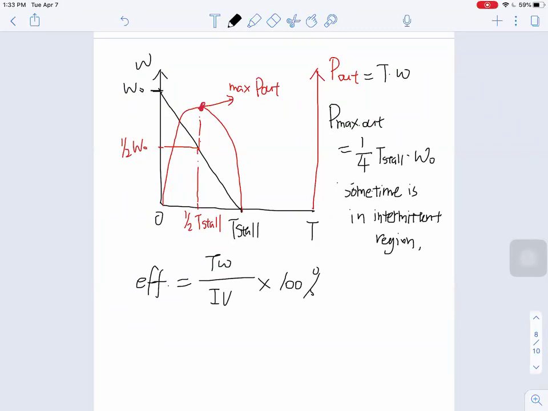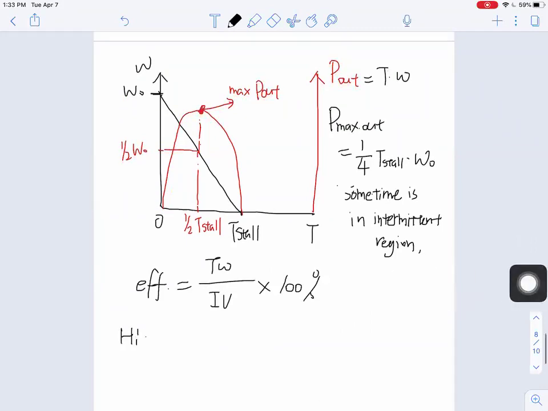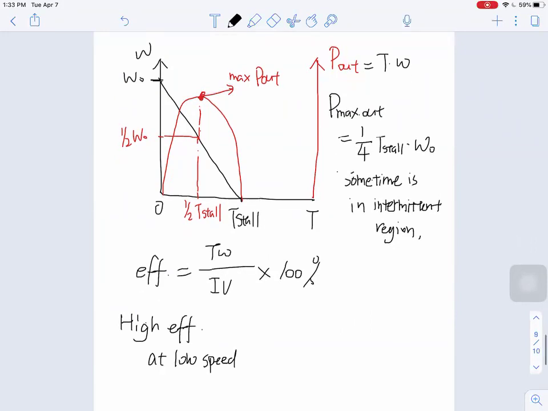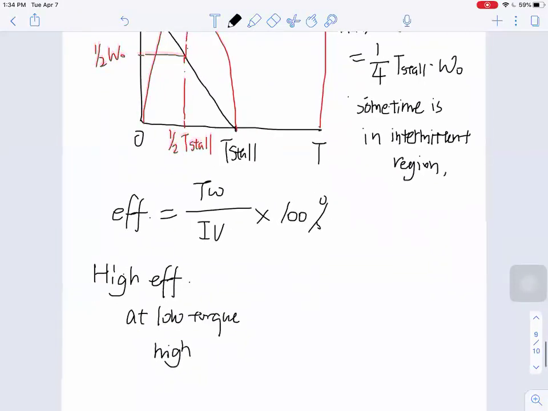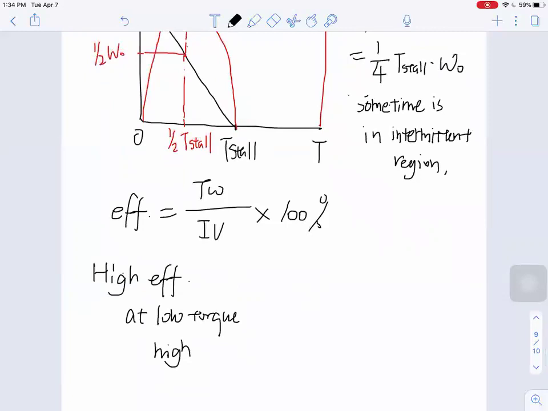They're usually greater than 80% efficiency for electric motors, DC motors. And if you want to reach a high efficiency, a good suggestion is to run your motor at low torque, high speed. So that's the region you can run your motor in to reach the best efficiency.